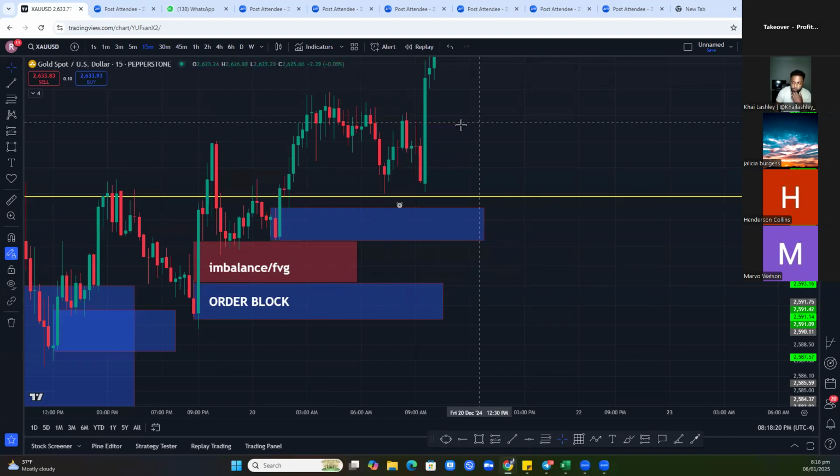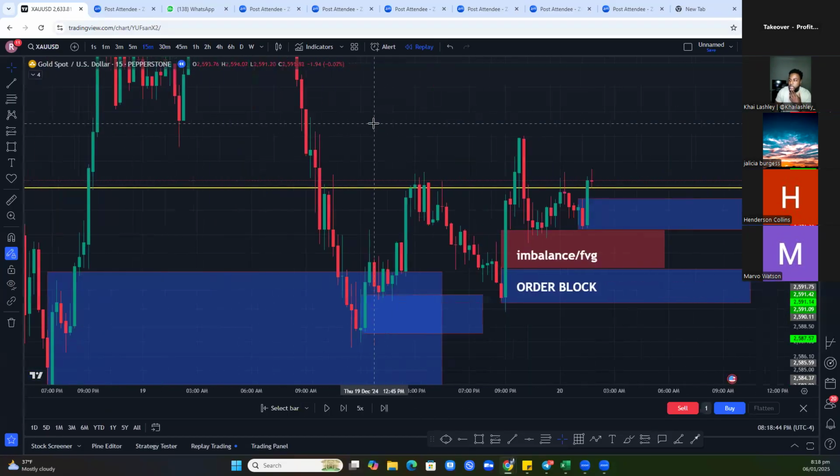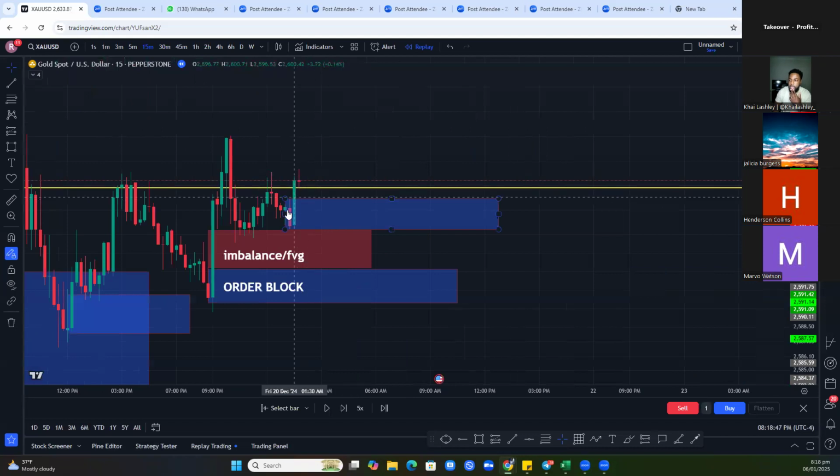In this scenario right here, basically the same thing took place. Price pushed down below this low, the engulfing candle popped up right here, and we left imbalance behind. If we take it back, for example, to this point, we will see that the market was imbalanced here.